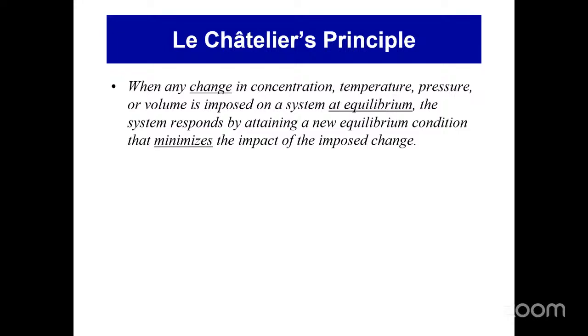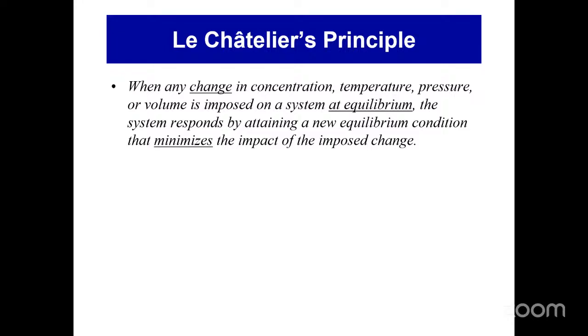The way I look at it, or if I were to put it in my own words, I would say that if the system is already in a state of equilibrium and you impose any change on the system, then the system will respond by opposing the change that you impose. That's my way of stating it, right? So basically, the system is already in equilibrium, you change something about it, and then the system will respond by doing the opposite of the change that you have imposed on it.